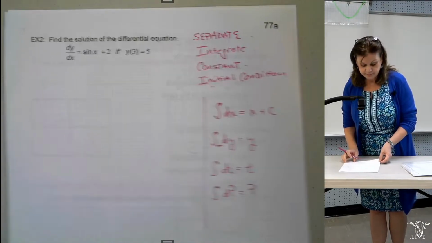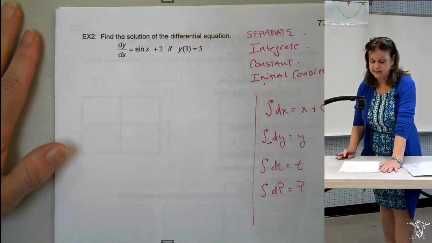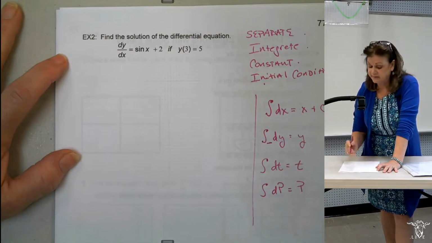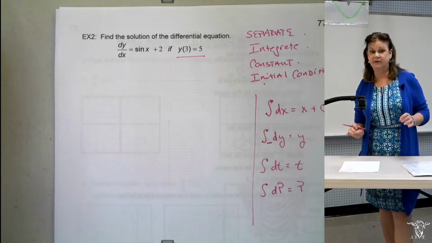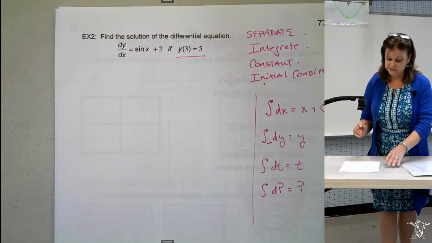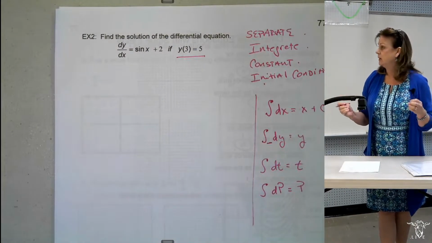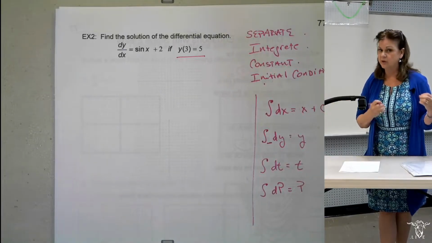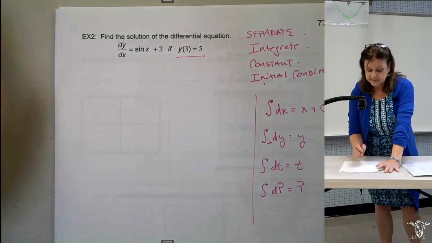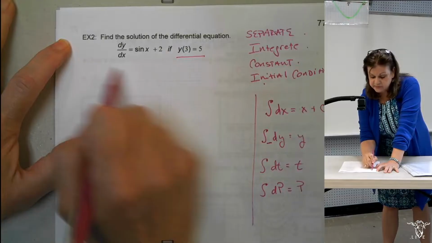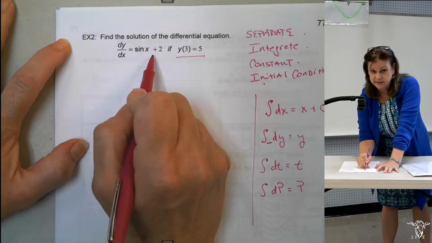All right, so here we go. dy dx is sine x plus 2, and they've given us an initial condition, and we did not have that yesterday. So this is what's new. By the way, you can only separate by multiplication or division. You're not going to add or subtract. So for instance, I'm not going to subtract this 2 from both sides and move it over here. It's staying where it is.